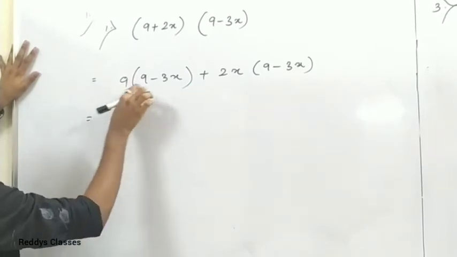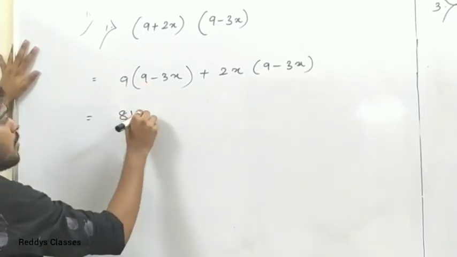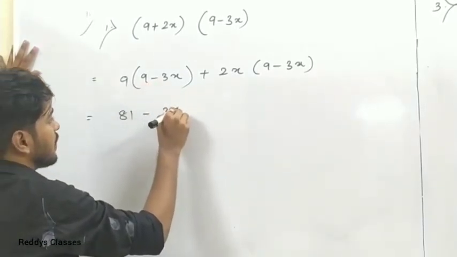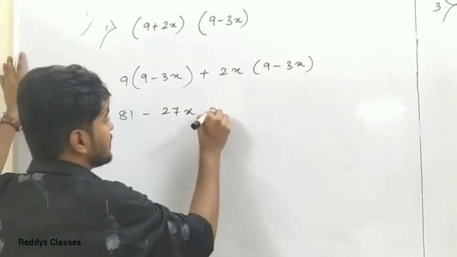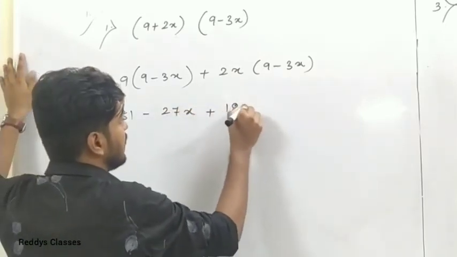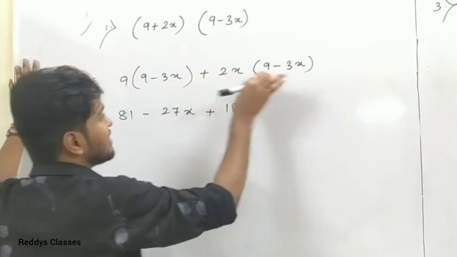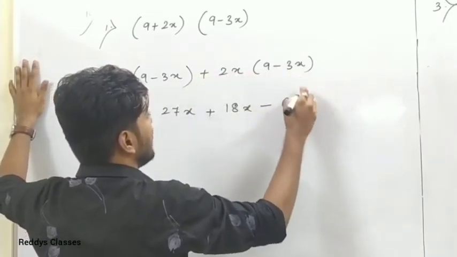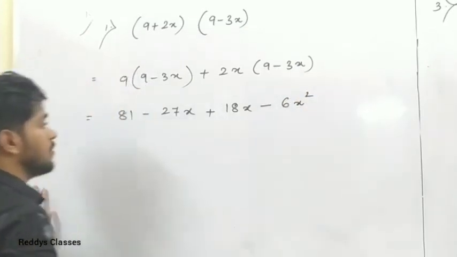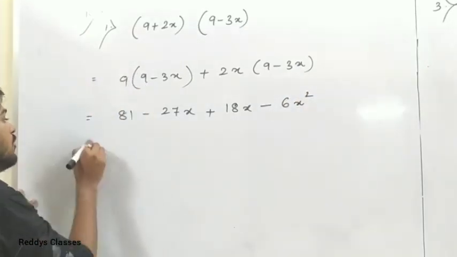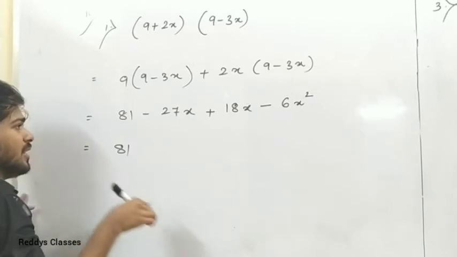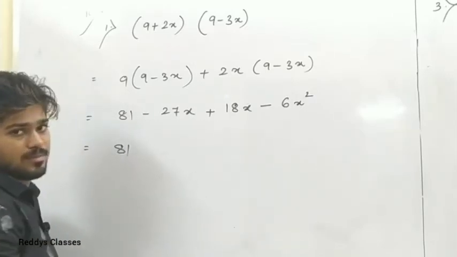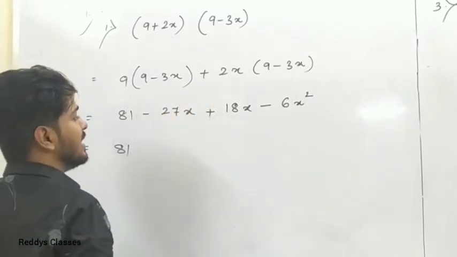So, 9 into 9 is what? 81 minus 9 3s are 27x plus 9 2s are 18x plus minus 3 into 2 is 6. x into x is x square. So, here we have the value. Now, what you are going to do is 81, minus 27, plus 18. What is the value we have?